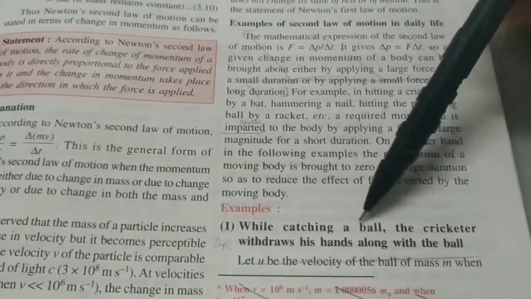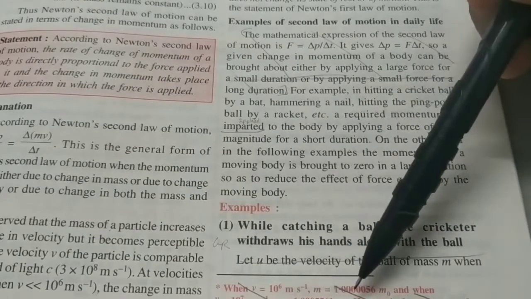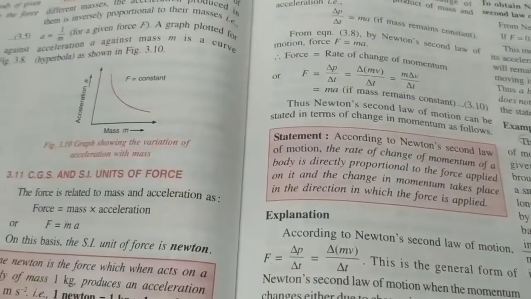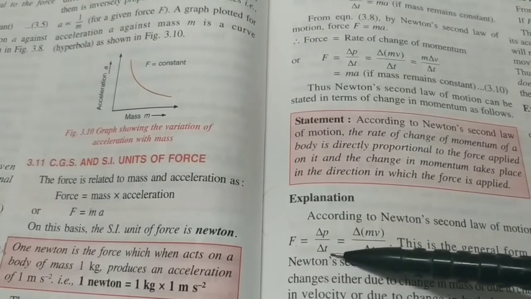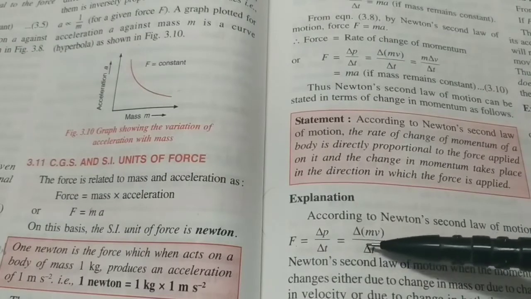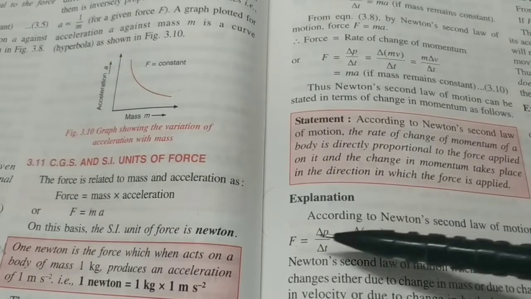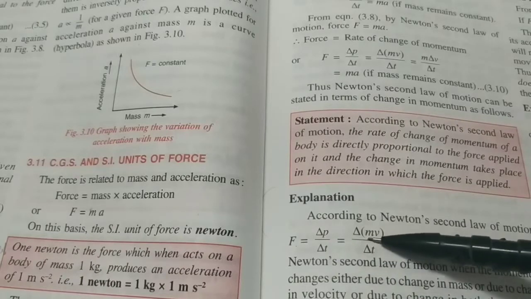First, while catching a ball, the cricketer withdraws his hands along with the ball. Now we know that force is equal to rate of change of momentum. That means smaller the value of t, greater is this fraction, or greater is the force. Larger the time interval, less is the force.